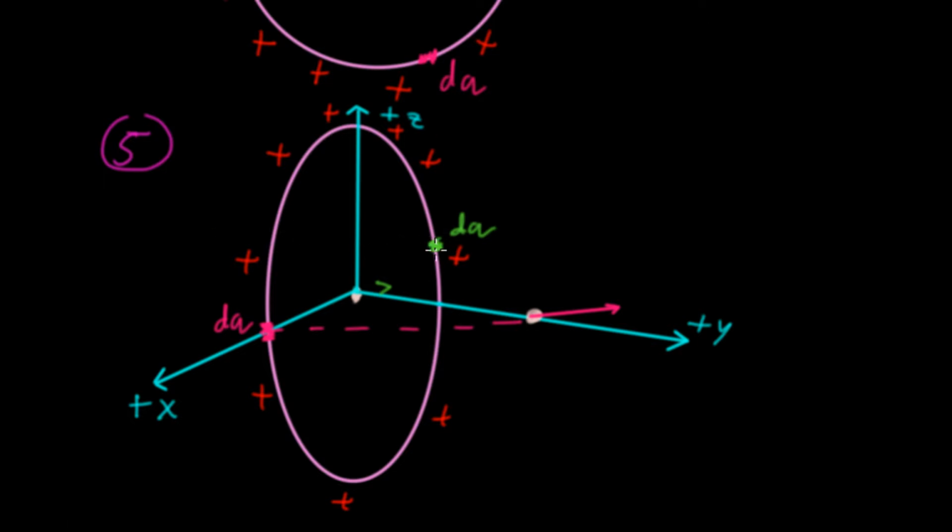Again, these dotted lines and their vectors for these two dQs both lie in the XY plane. This vector might look like it's pointing upwards, but it's not. It's supposed to give the sense of distance, of pointing slightly away from us. Then we draw the electric field vector due to that dQ. Again, both lie in the XY plane.